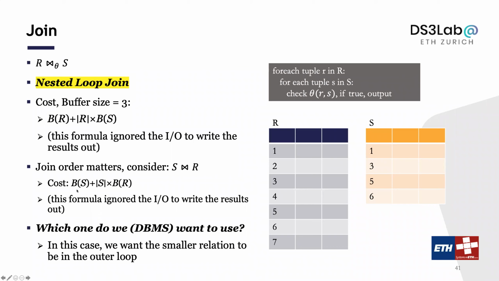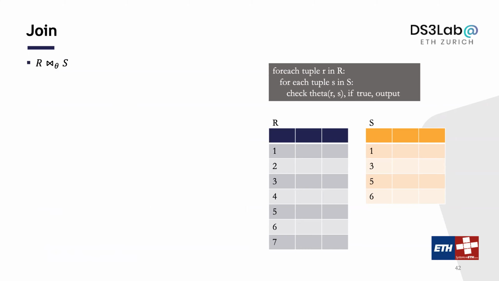If the database must pick between these two, which fortunately will not be the case, but assuming the database only has this choice when it optimizes the join order for nested loop join, it is often the case that it wants to put the smaller relation in the outer loop. And again, it is the database's job to deal with that for you.